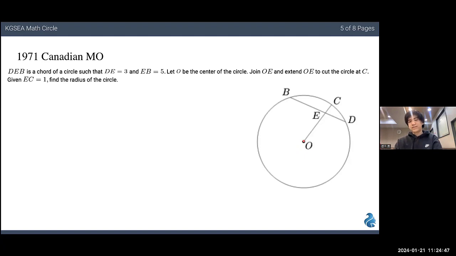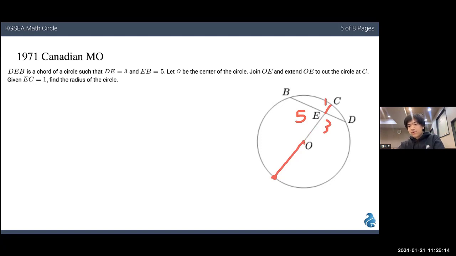This is a solution using the theorem we introduced earlier, the power of a point theorem. In the problem, it gives us that DE is equal to 3 and EB is equal to 5. And now immediately it looks like a power of a point because we even have EC, it's 1.